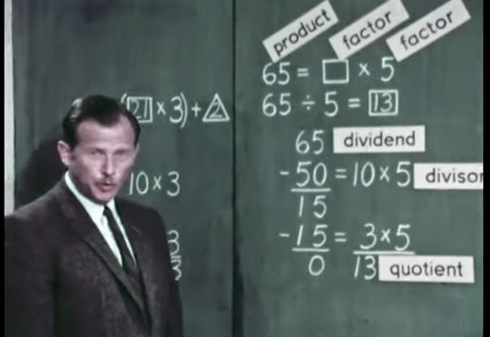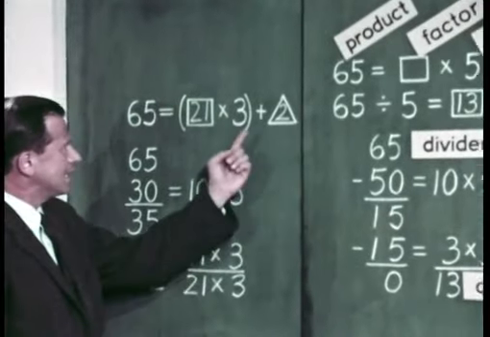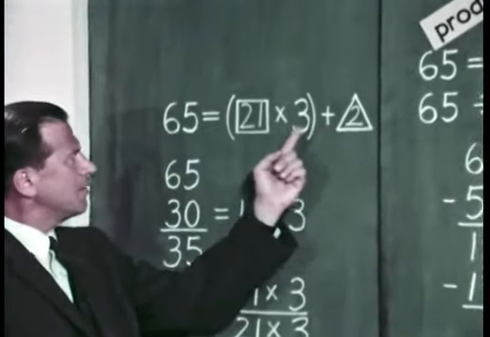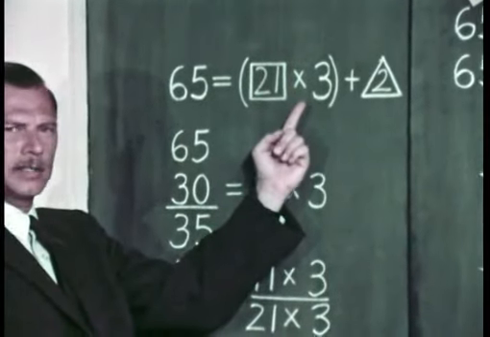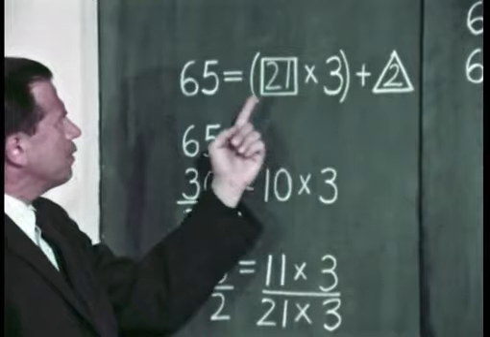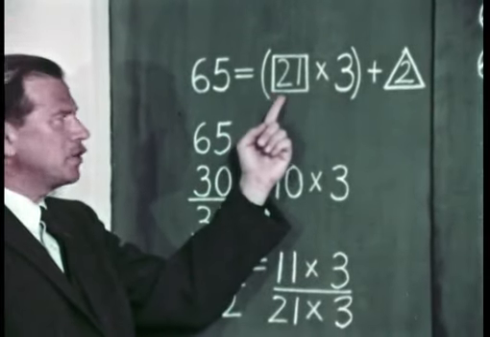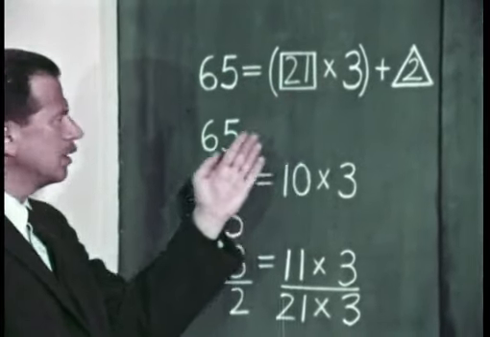If the remainder is greater than 0, as it is in this case, then the given factor of this product expression is still referred to as the divisor, and the missing factor is still referred to as the quotient in this algorithm.